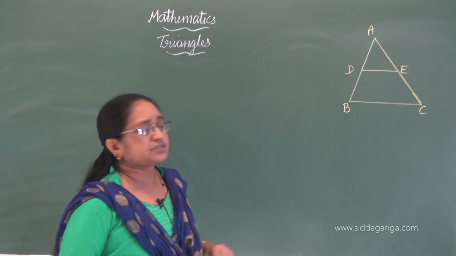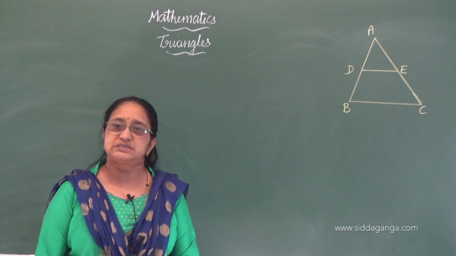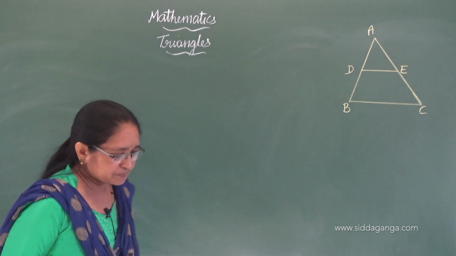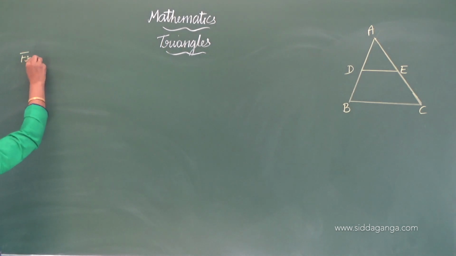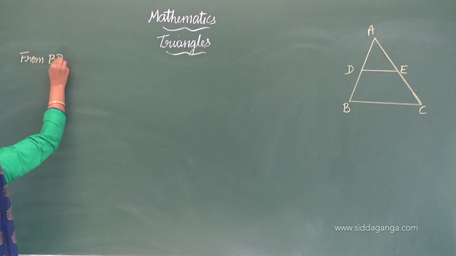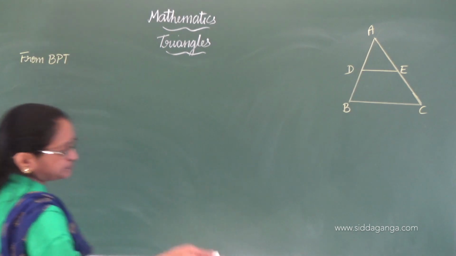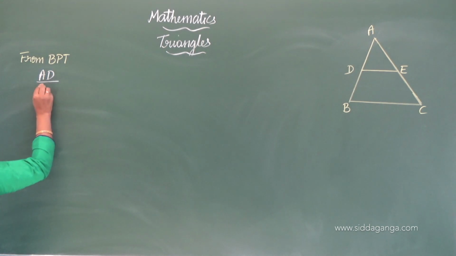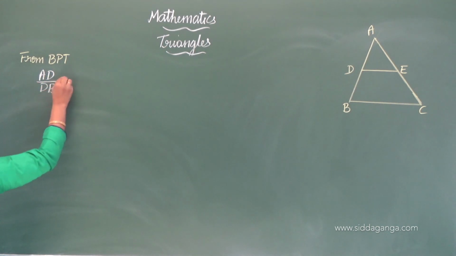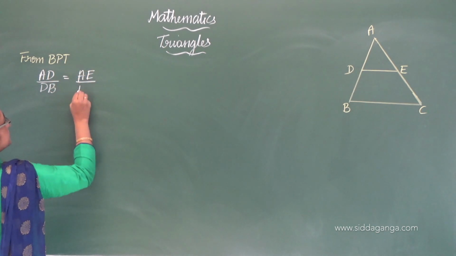Now based on this theorem, we can derive some more results which I am going to show now. So from BPT, that is basic proportionality theorem, I got the result AD by DB is equal to AE by EC.